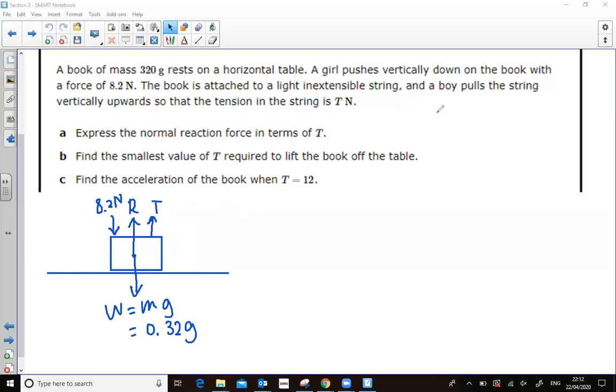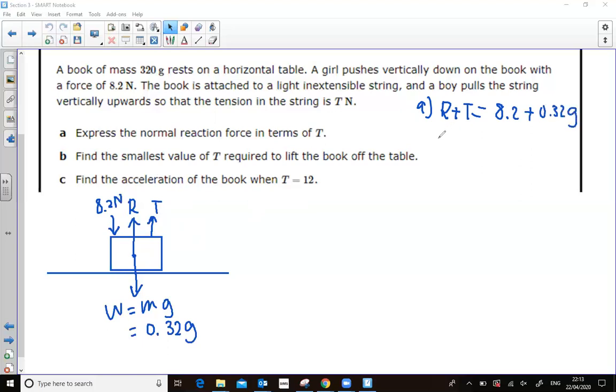So forces going upwards would be the normal reaction force R, and the tension T, balanced with the force acting downwards, which is 8.2, and the weight, which is 0.32 g.